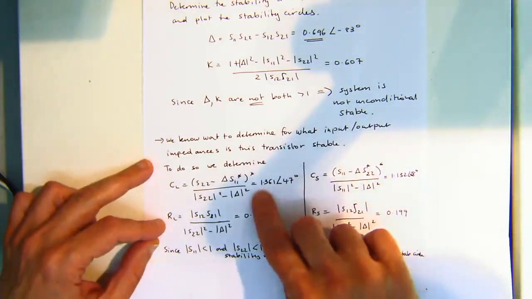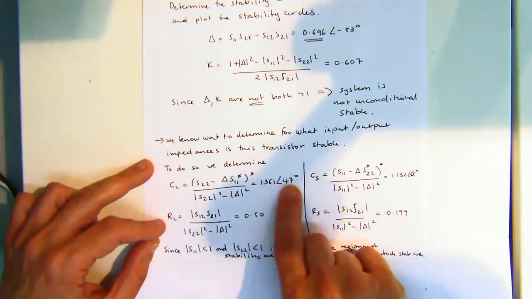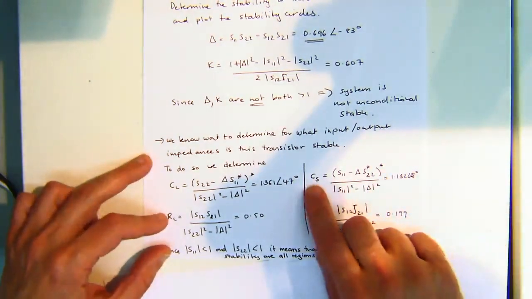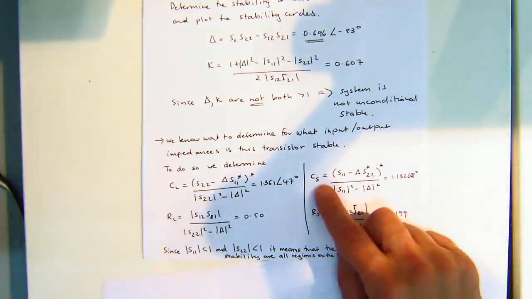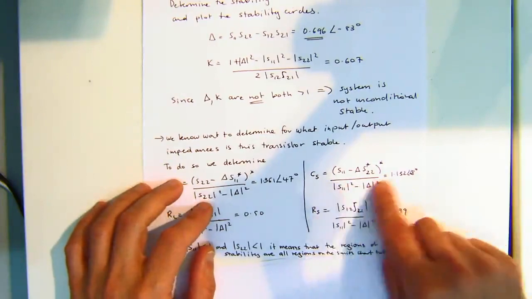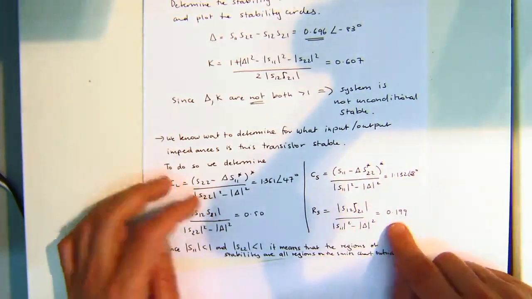And I've written it here as 1.361 angle 47, and the radius is 0.5, and also for the center for the gamma S is at 1.132 angle 68, and its radius is 0.199.